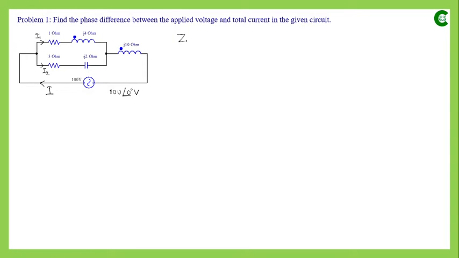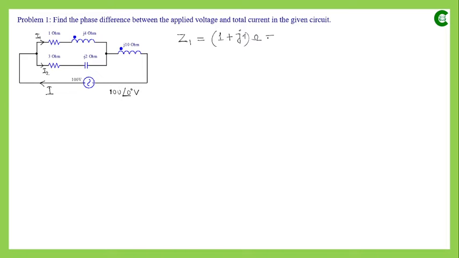Now if the impedance of that series branch we name as Z1, then that will be simply the resistance of that branch plus the inductive reactance of that inductor. So it will be 1 plus J4, which is given in the problem statement, this much ohm. Now this is given in rectangular format.